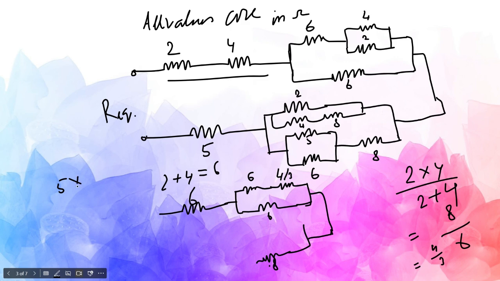So it is 5 into 6 by 5 plus 6, that is 30 by 11. So how much is that?